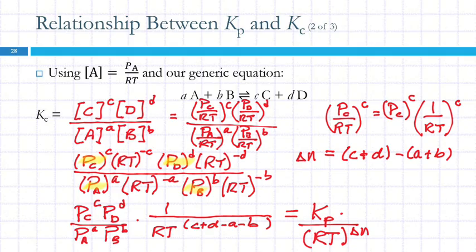So products minus reactants, final minus initial. Trying to follow patterns here so we can remember which way to do it. And so then typically this is shown as Kp is equal to Kc times RT to the delta N.